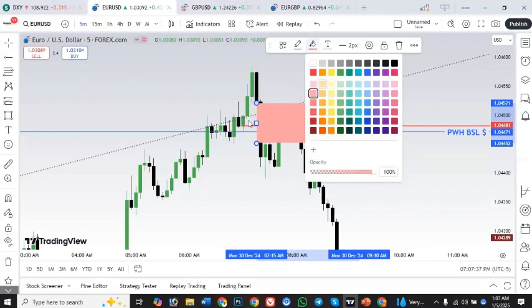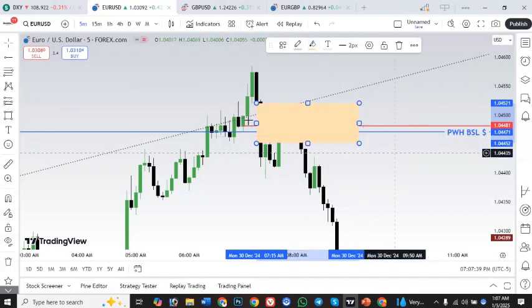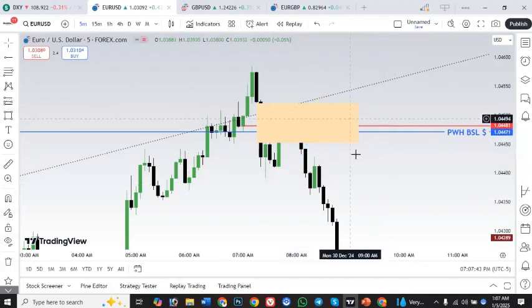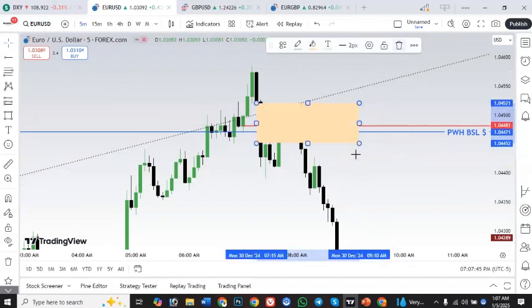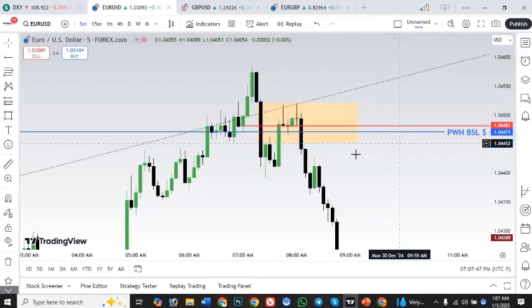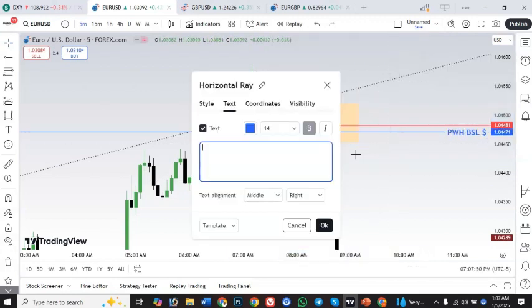My network is kind of slow. Okay. You can see right here. This is 5 minutes. A 5 minutes order block, and give it a different color.